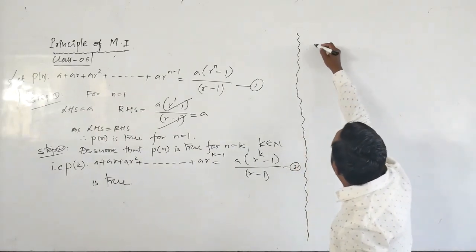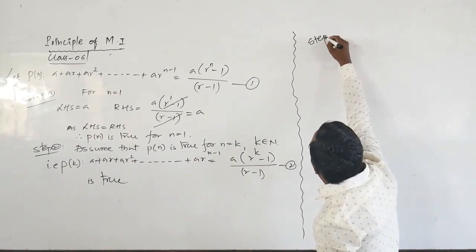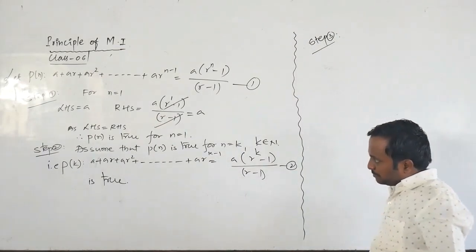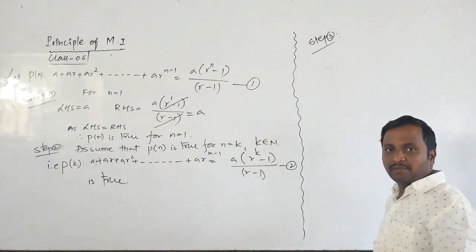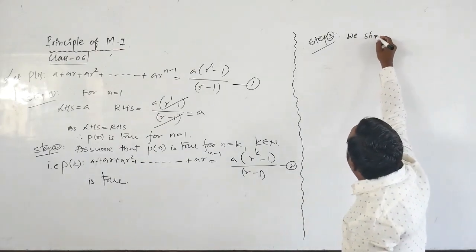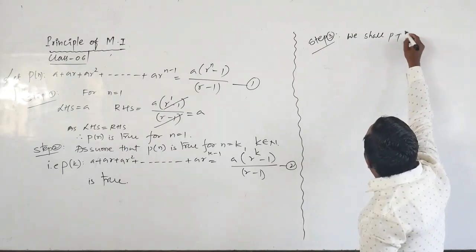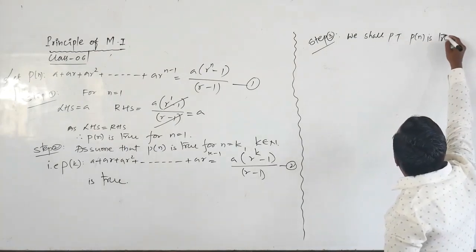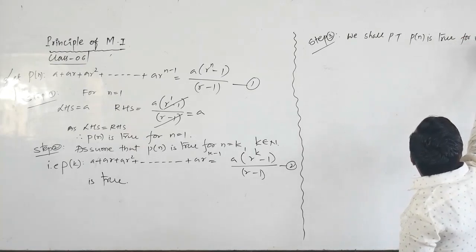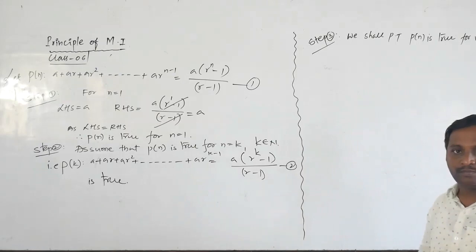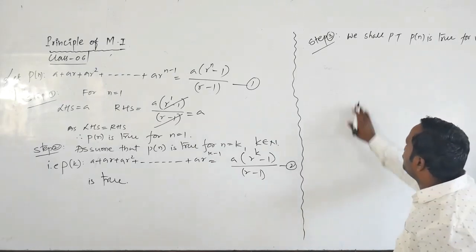Next, step 3. Now we shall prove that P of n is true for n is equal to k plus 1 also.